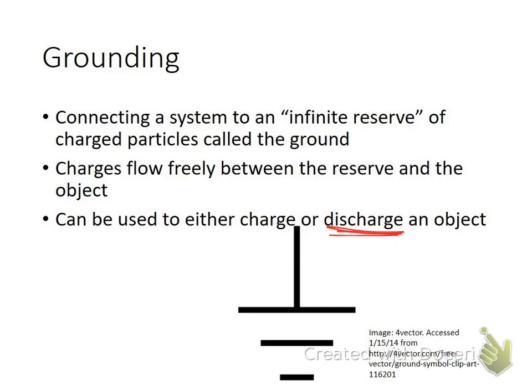It can also be used to charge an object. And you're going to see this a lot with the process of induction. When you use induction, sometimes you'll connect objects to the ground, and electrons will pile on to a neutral object if it's near a positive object, because it senses that that entire system up there is positive.